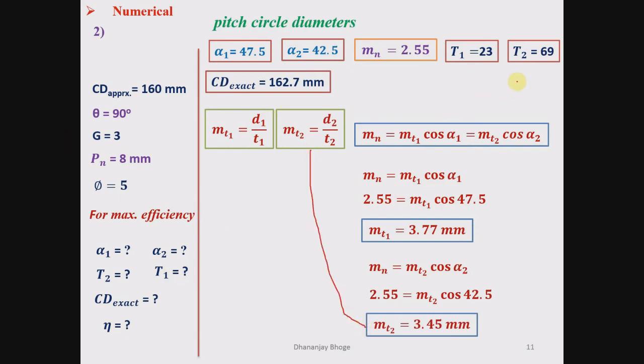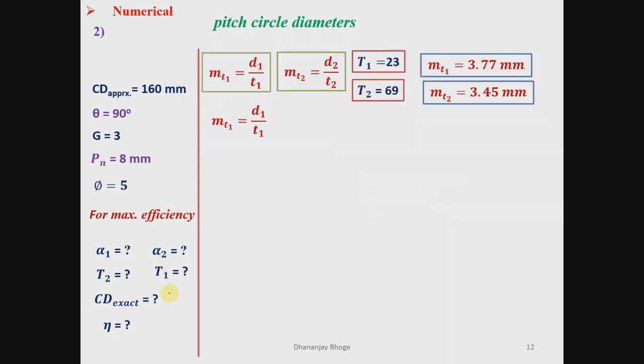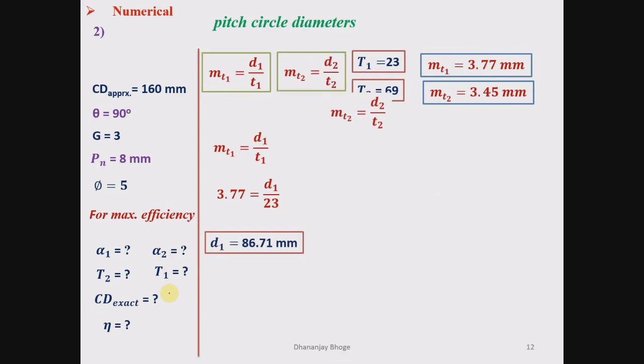Mt2 into 69 will be your D2. किती आलं D2? 3.45 into 69. करेक्ट. सो Mt1 यूज करून आपण D1 काढलेला आहे and Mt2 यूज करून D2 काढला.